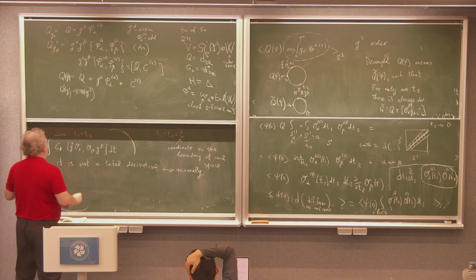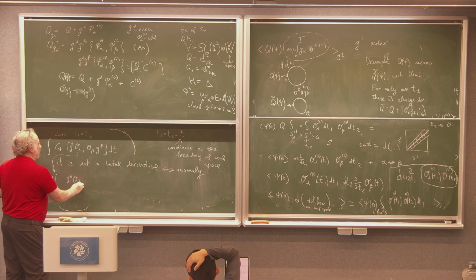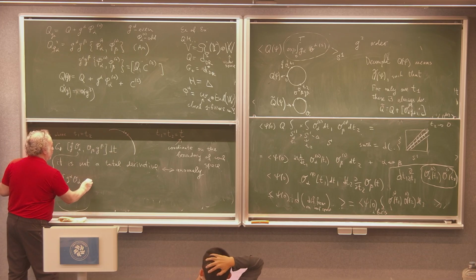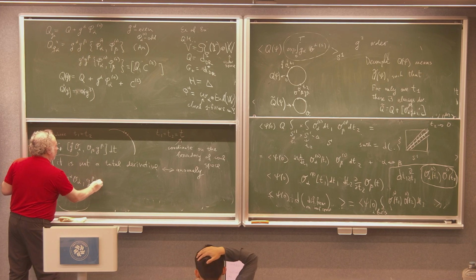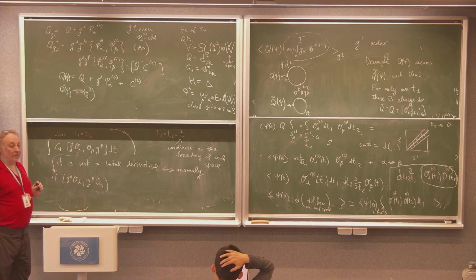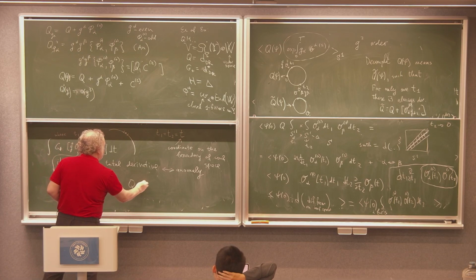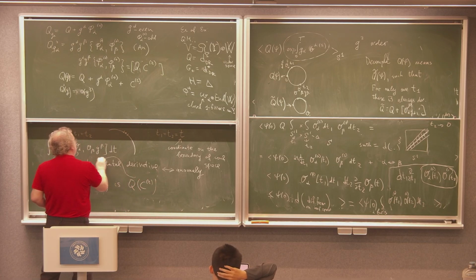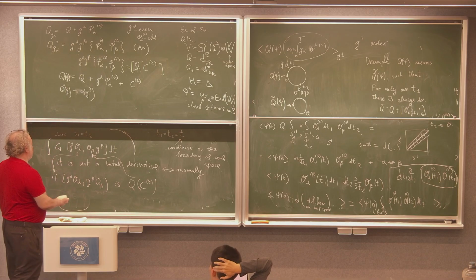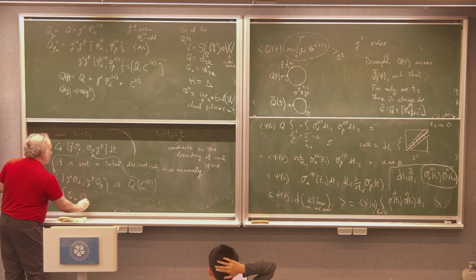How to cancel this? If G alpha of alpha, G beta of beta is not just Q closed, but Q exact, I will put it here, and I will get the integral of G plus Q of T2.